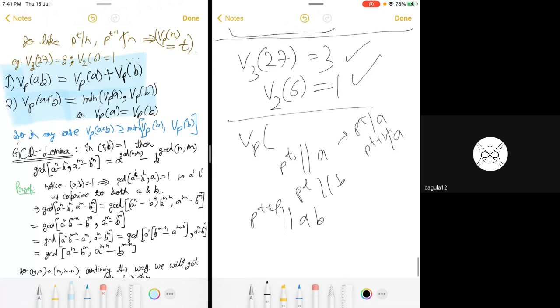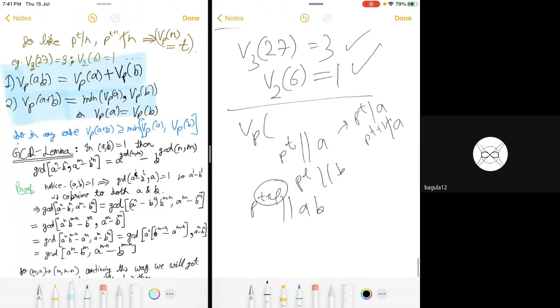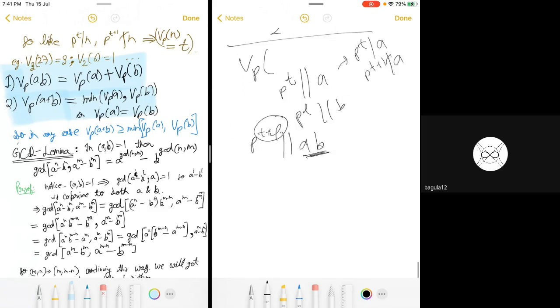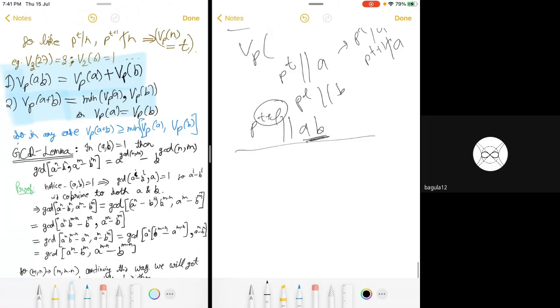So t plus l is the maximum power of the prime which divides AB. Also, you can write A as p to the alpha 1 times some number G1 which is co-prime to p, and B as p to the alpha 2 times some G2. Because the powers add up, so does the Vp.